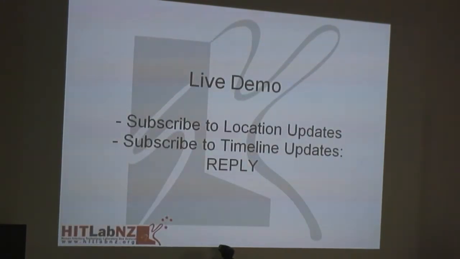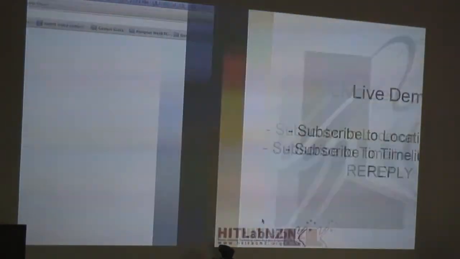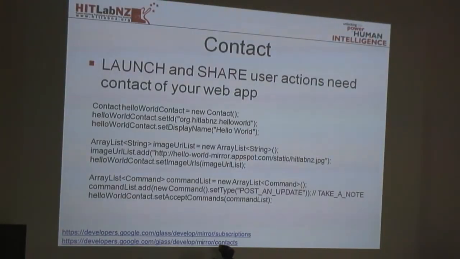Let me show you location updates and timeline. I've already shown that one, so skip that. Especially for launching or sharing activities, you'll have to create a contact for your website. Obviously, the standard way on the Glass to share something is to share it with the people in the contacts or address book on the Glass.